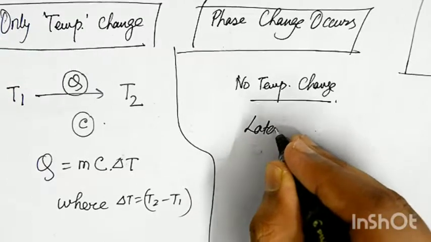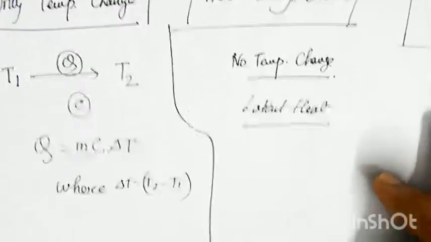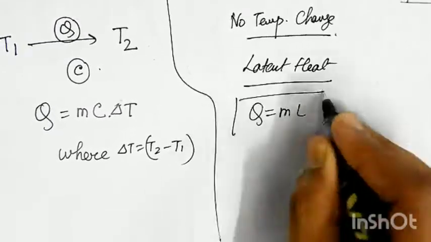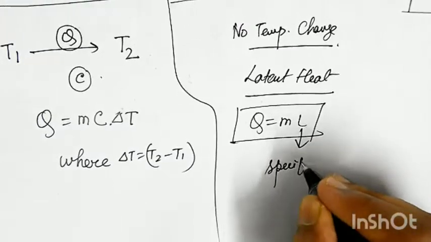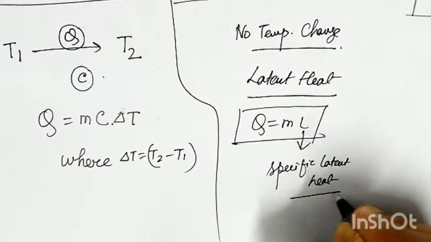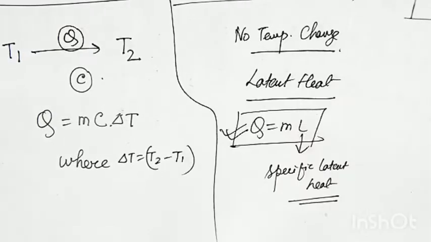Calculation of latent heat is our main target here, right? The formula is very simple. Q equals mL, where L is the specific latent heat. Clear?